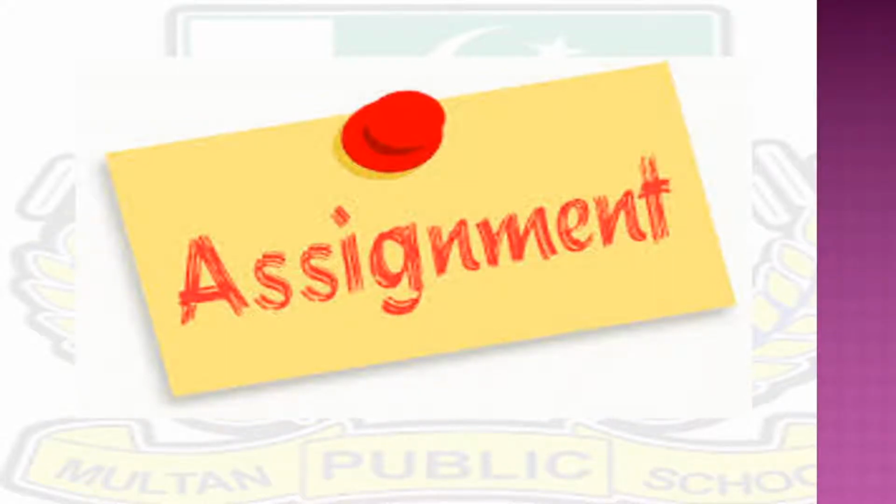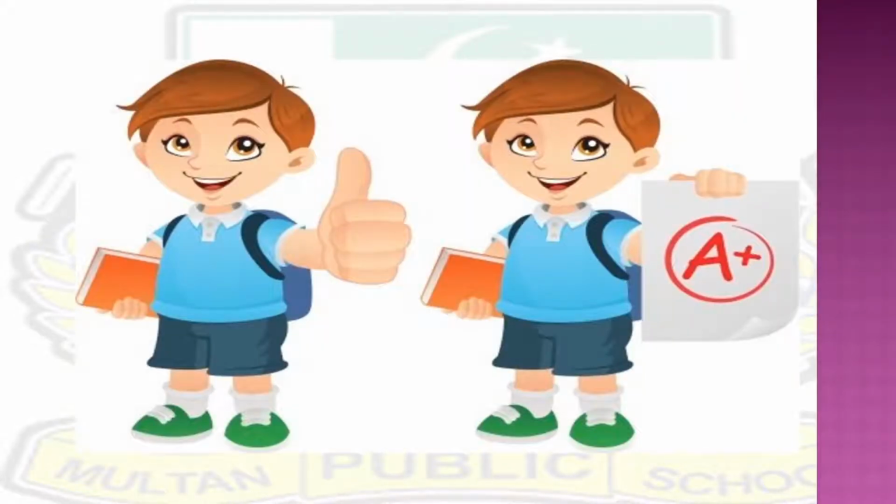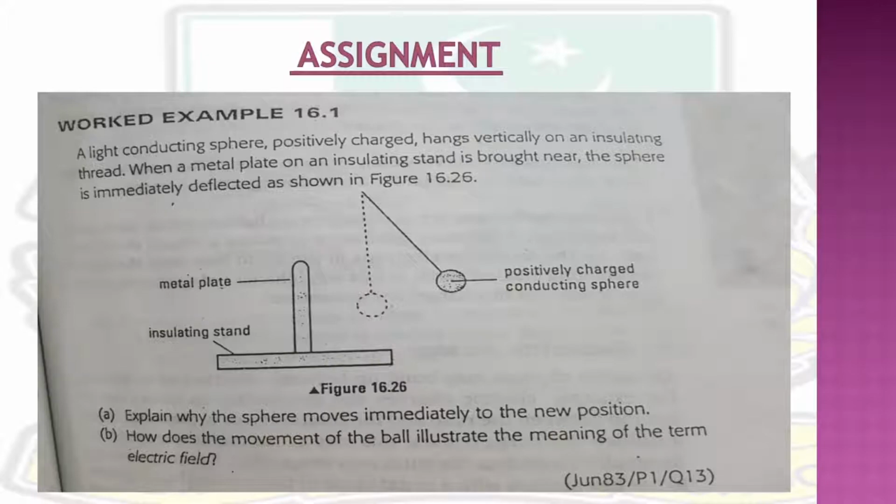Now this is the time for assignment, students. Here is a worked example I am sharing with you, and please try to solve this. The question is: a light conducting sphere, positively charged, hangs vertically on an insulating thread.